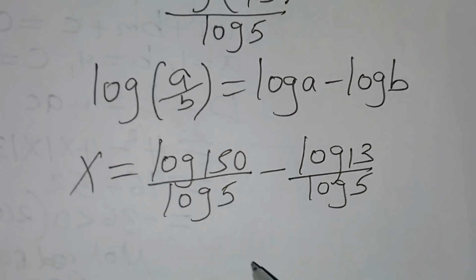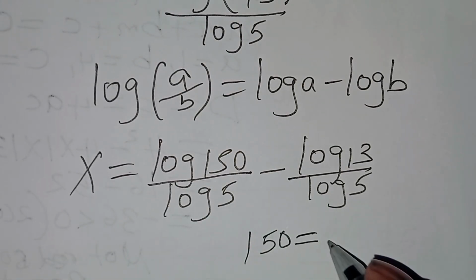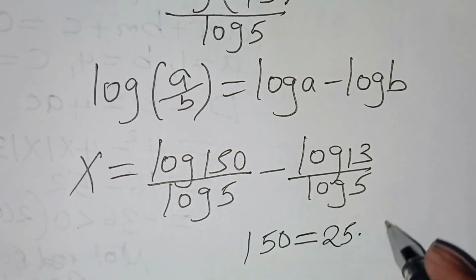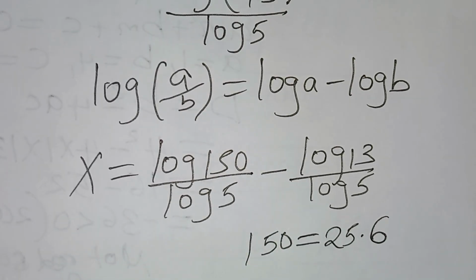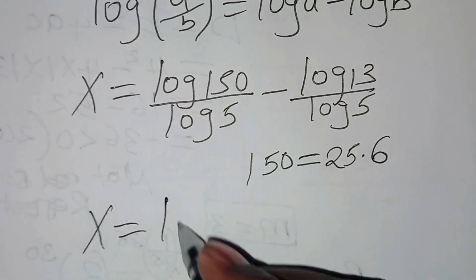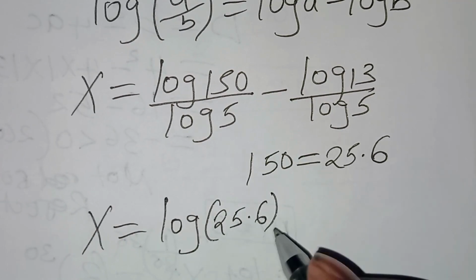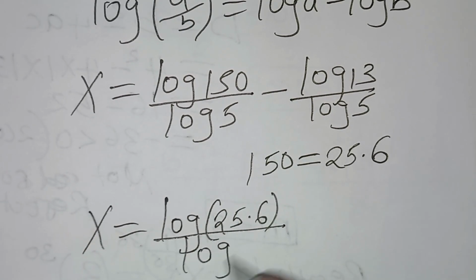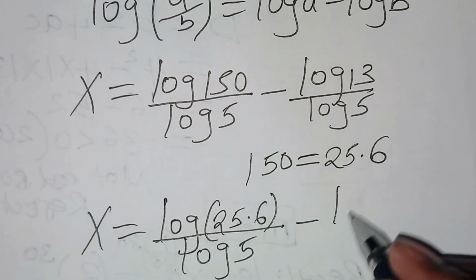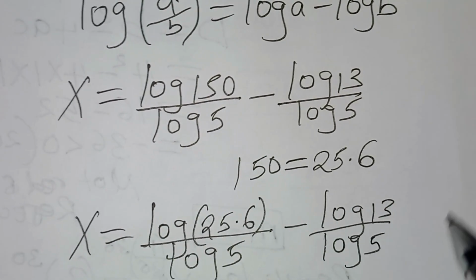So we can express 150 as 25 multiplied by 6. Let's substitute this, so that x is equal to log 25 times 6 divided by log 5 subtract log 13 divided by log 5.